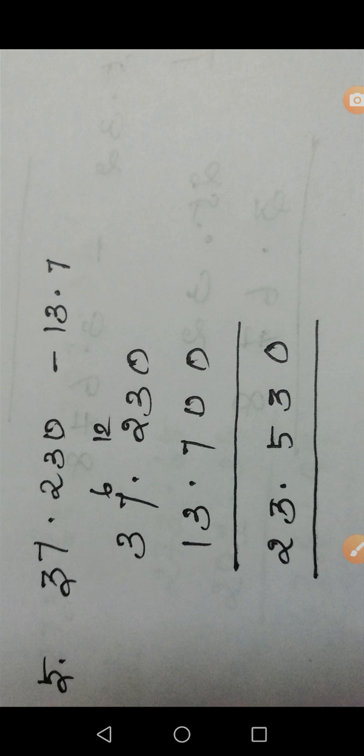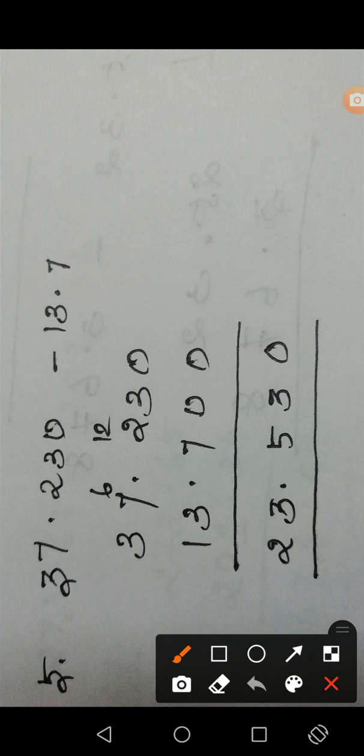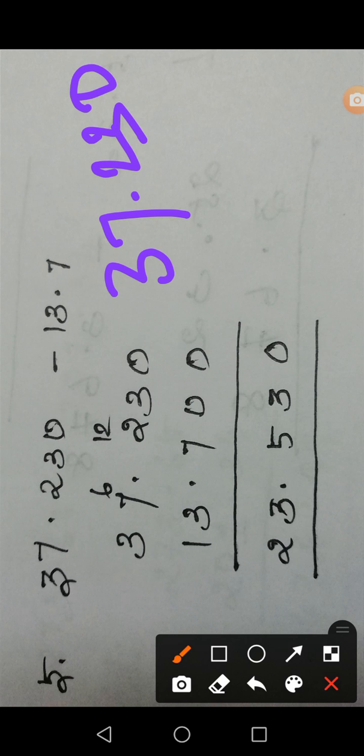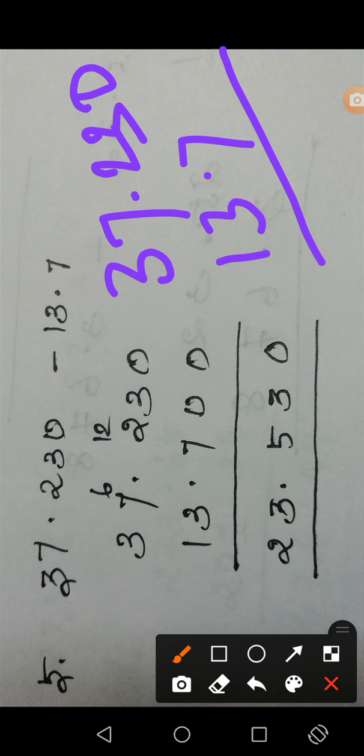37.230 minus 13.7. So how to subtract? First write the first number, 37.230, then put the point directly below. Before the point 3, after the point 7, and the remaining numbers 3 and 1. Two places are empty, so for convenience we write 0 0.